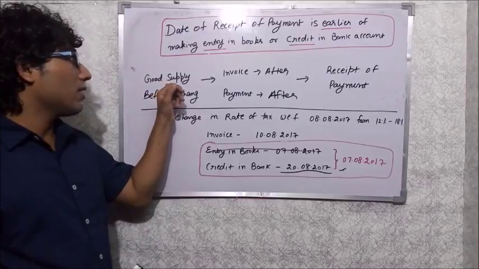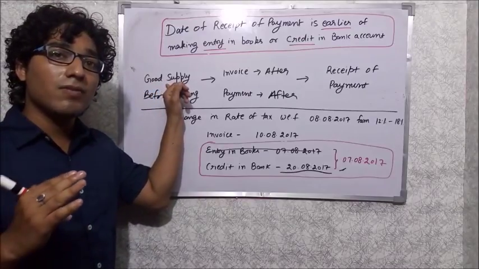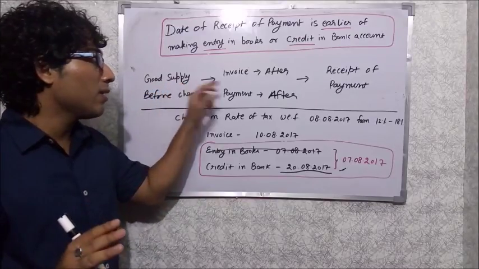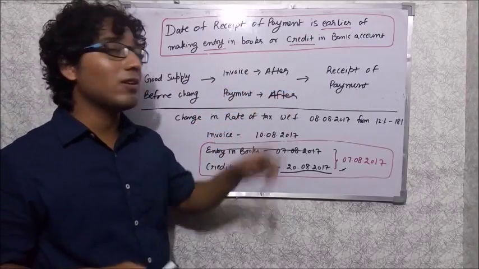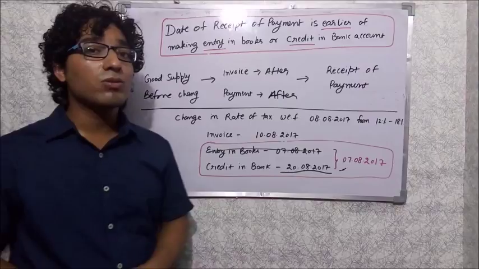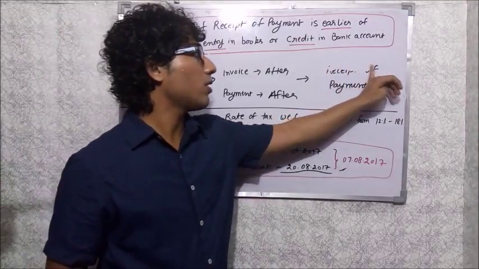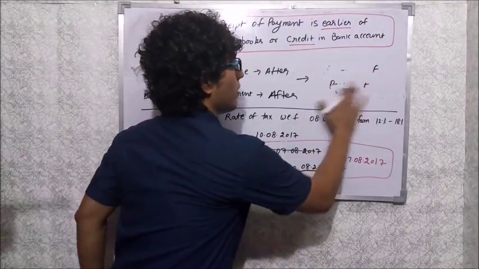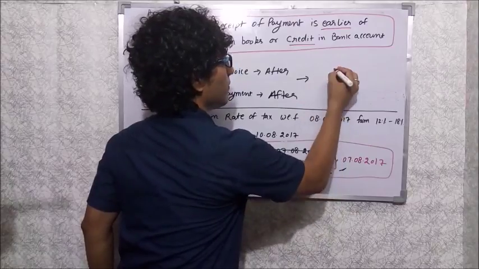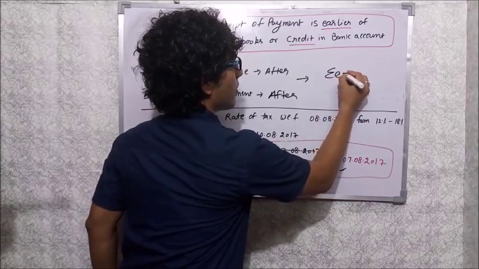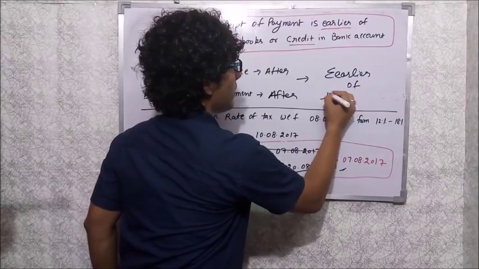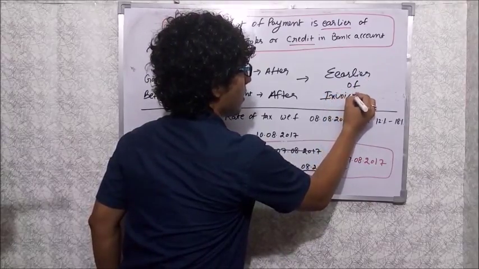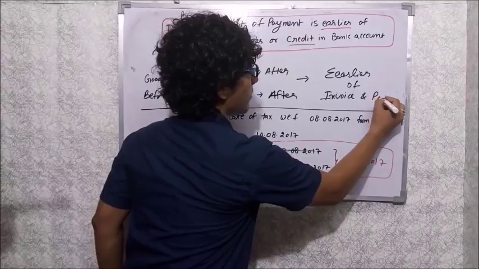So now, after the change in effective rate of tax, we know the law that when the goods are supplied before the change in effective rate of tax and both the invoice and payment are received after the change, then the time of supply of goods or services will not be receipt of payment but the earlier of invoice and payment.